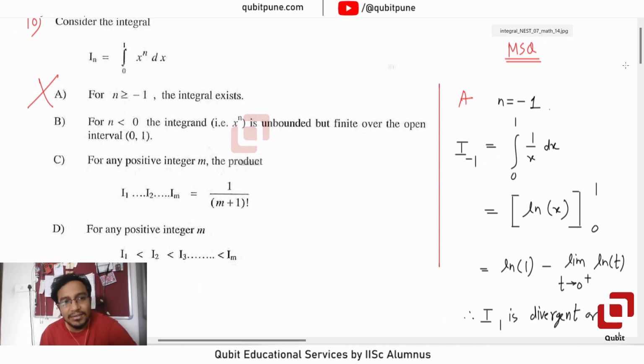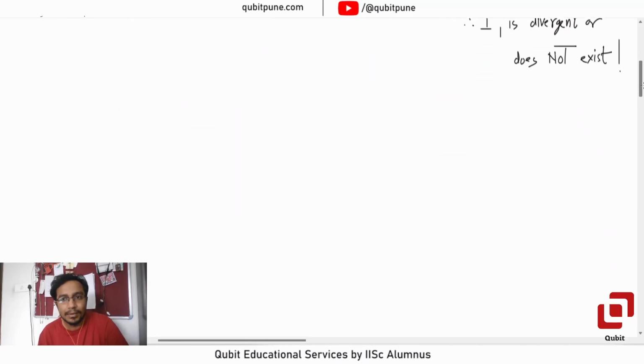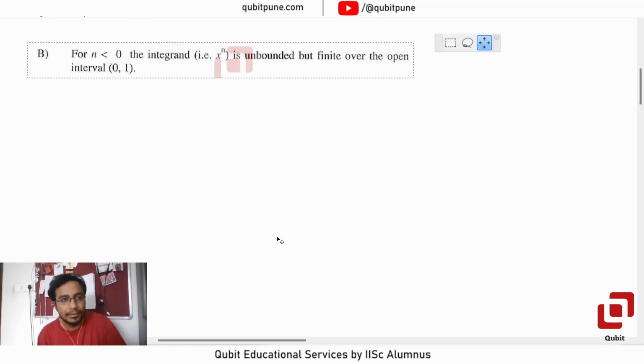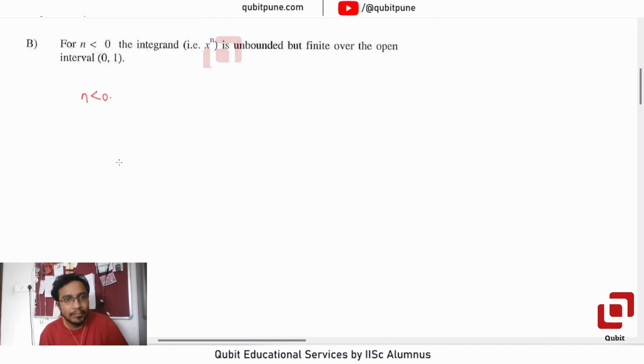For n less than 0, the integrand is unbounded but finite over the open interval 0 to 1. Now let's think about this. n is negative and we have x raised to n, and x is in the open interval 0 to 1. Now what can you say about the validity?